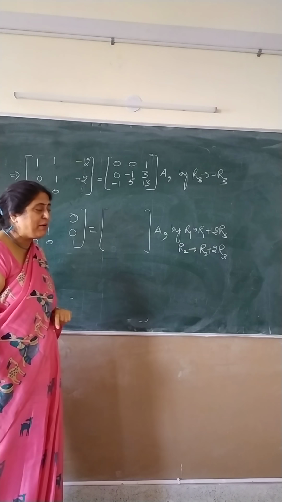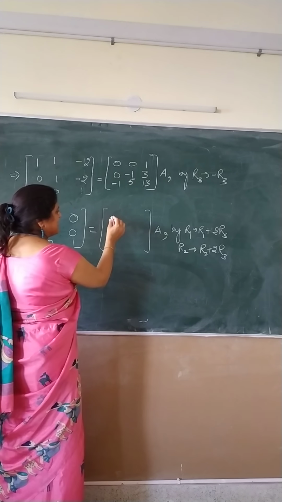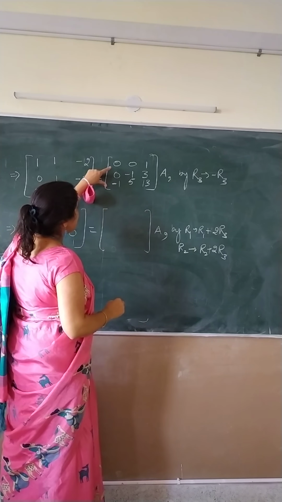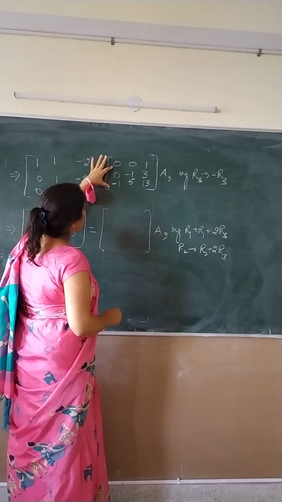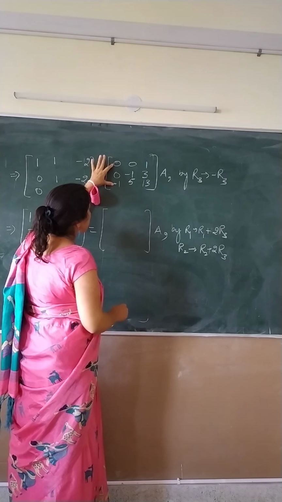Clear? We have applied these operations. Now you will get, yes, on R1, apply. Multiply this by 2 and then add. Clear? Yes, minus 2. Add here. You will get minus 2.